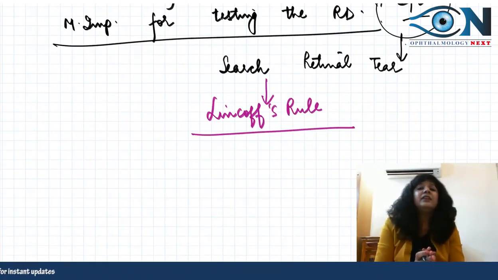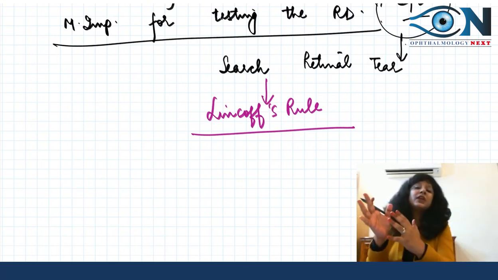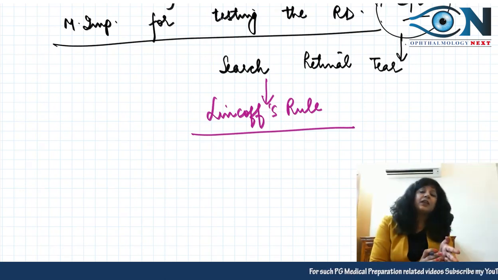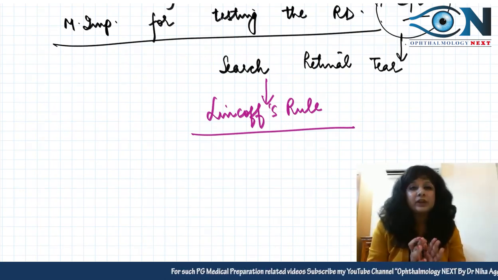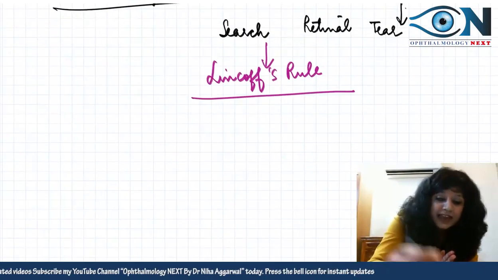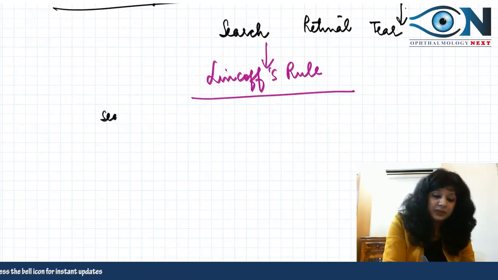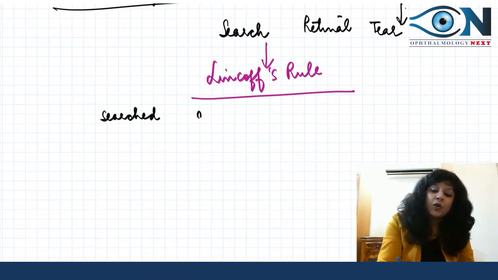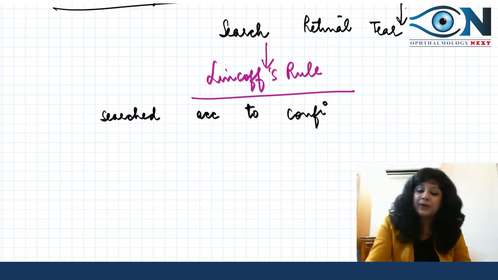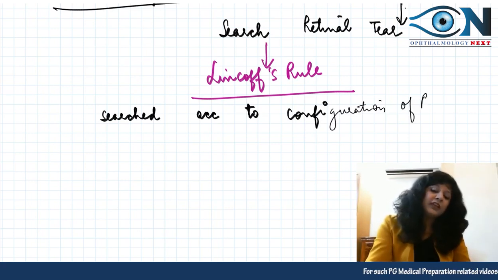descriptive, and he has given very many rules, such as if the RD is in this quadrant, the tear will be there. But what is the most important thing? What is the concept? The concept of the Lincoff rule says that you have to search for the break according to the configuration of the RD.